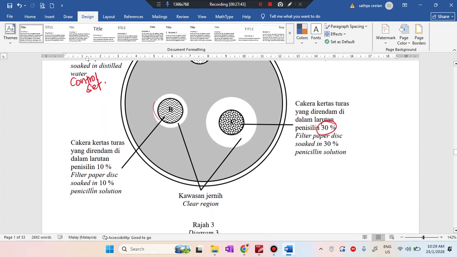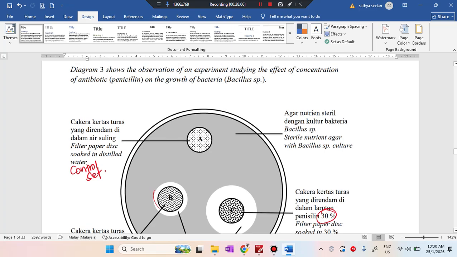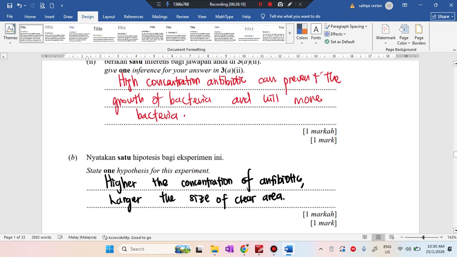So you can tell the filter paper disc soaked in penicillin solution, that one only will create the clear area. Correct or not? So, never mind 10% or 30%. They tell antibiotic will retard. Yes, it will retard. For A, it doesn't retard because it has no antibiotic.